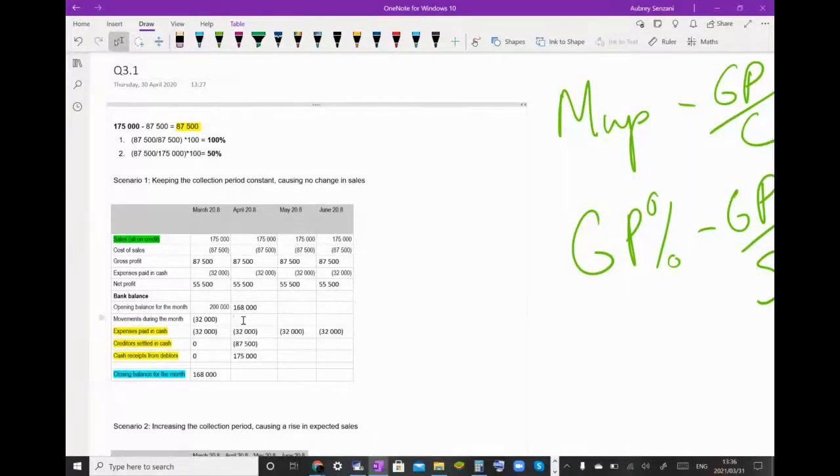Yes, that is correct. Now that we have the movement, we can now work out the closing balance. So that's a positive 55,000. So now what is the closing balance? The closing balance is obviously the opening balance plus the movement.